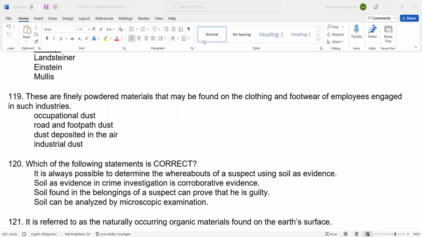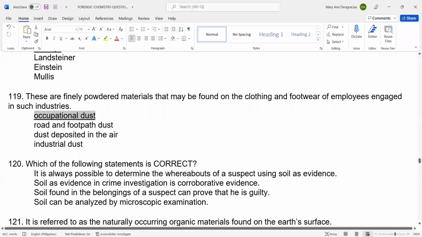Okay, if you only saw industrial, you chose letter D. Occupational is letter A. Eliminate road and eliminate dust. So your choices are only occupational and industrial. Employees, clothing, and footwear of employees engaged in such industries.